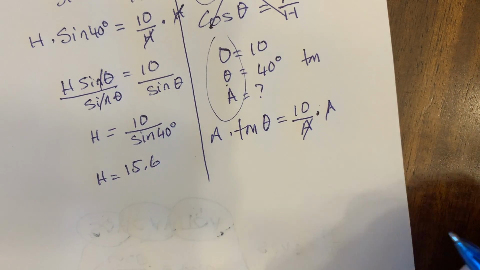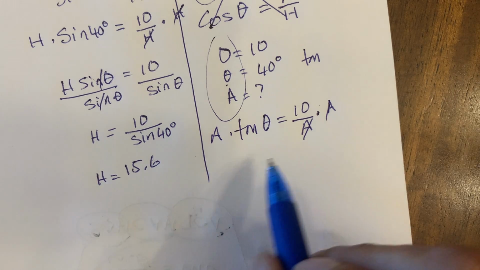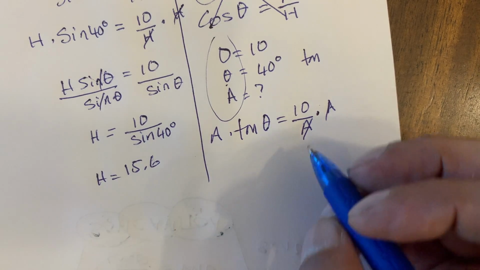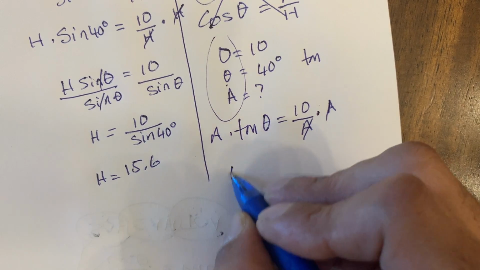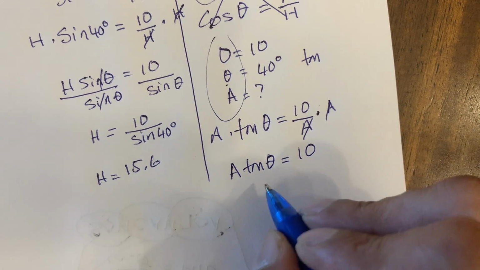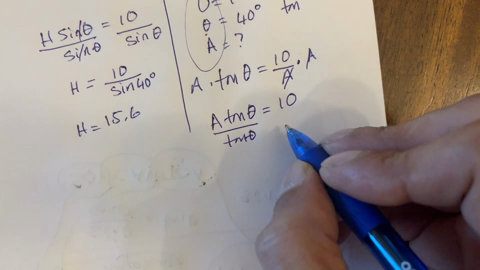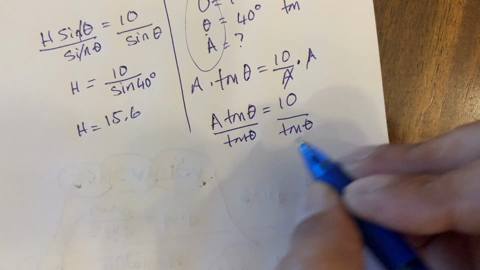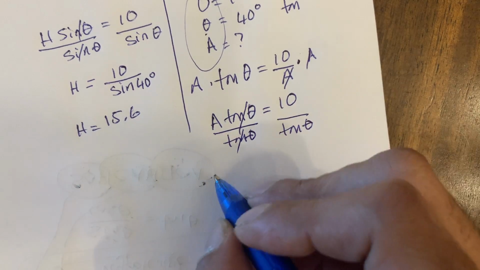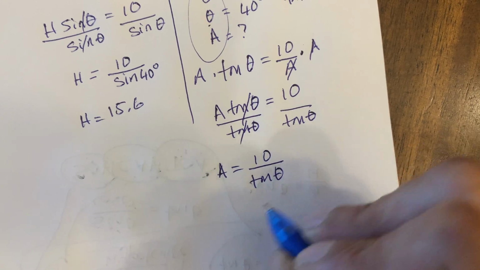Again, all I'm doing here is solving for the variable. If you're more comfortable sticking the numbers in first, you can do that. All right, so I have a times tangent of theta equals 10. I'm looking for a, so I'm going to divide both sides by tangent of theta, and a is equal to 10 divided by tangent of theta.